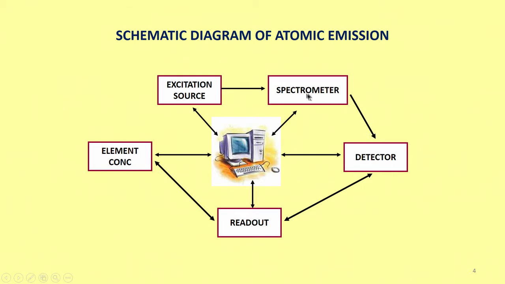The radiation coming out is collected through the detector, which converts photons into an electrical impulse, and this electrical impulse is converted into a measurable format such as resistance or conductance or voltage, and that comes out as a readout.